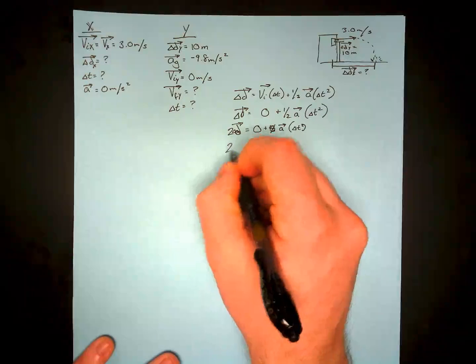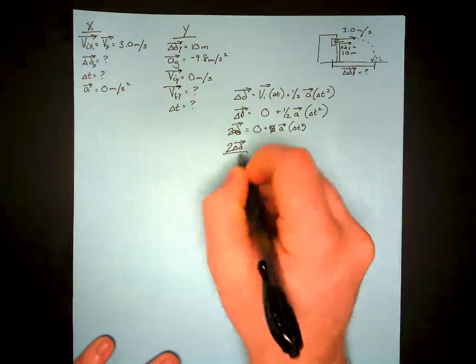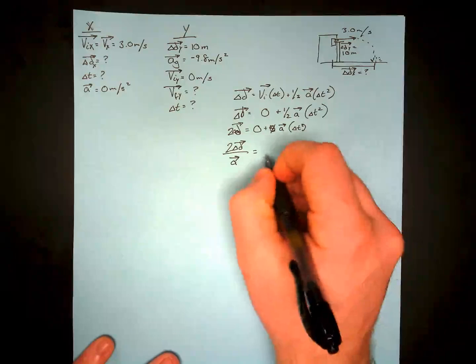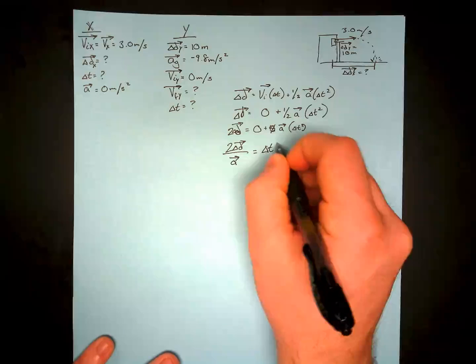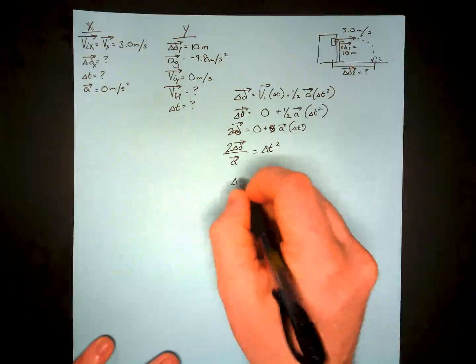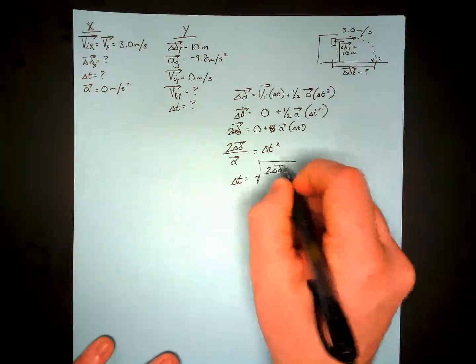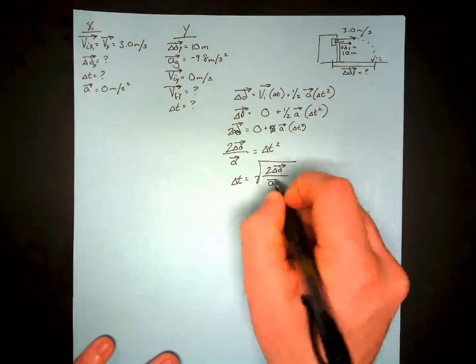Then 2 times displacement over acceleration, getting rid of the 0, is equal to time squared.